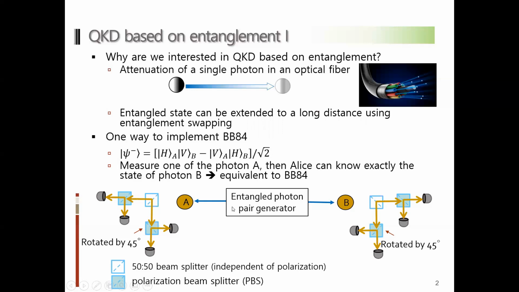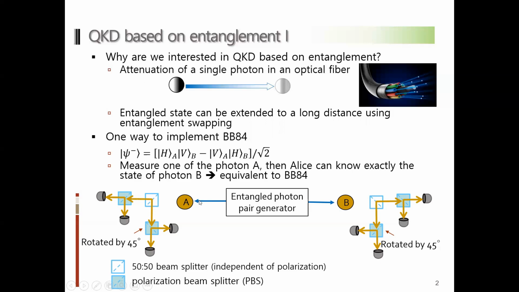If I have an entangled photon pair generator like this one, it will generate two photons in an entangled state like this one. Then we know that if we measure this photon in some kind of basis, and we use the same measurement basis for B, then their measurement results will always be anti-correlated to each other.